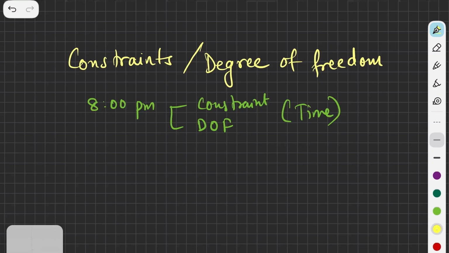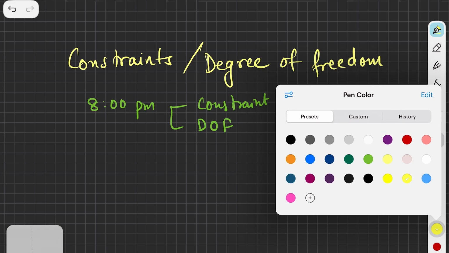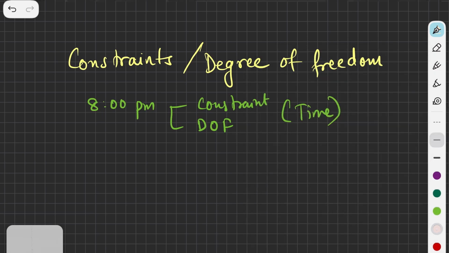Now let's say there are other ways as well in which you can have constraints and degrees of freedom, and some people might have it on an area. So probably you can go to your friend's place, or you have a particular area marked. Till that point you can just go without informing anyone at your home.